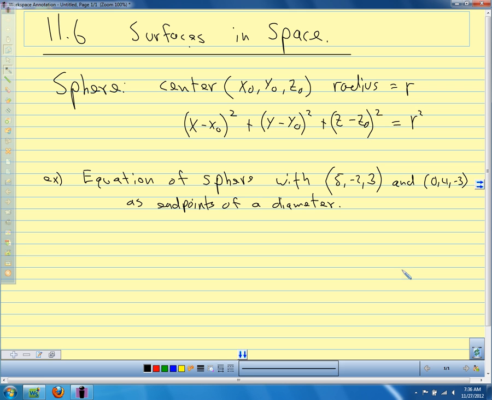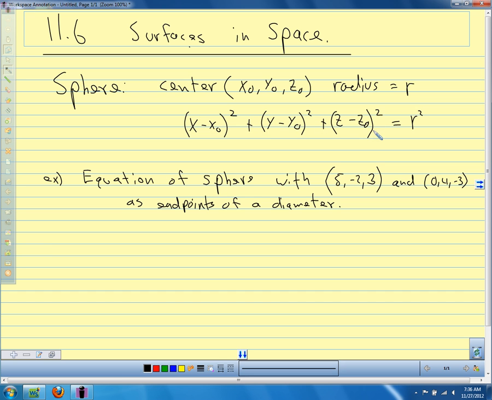Just extending what we know about midpoint: average each coordinate. x1 plus x2 over 2, y1 plus y2 over 2, z1 plus z2 over 2. So we're averaging the coordinates to find the midpoint of the segment between these points, which is the center of the sphere. That would give us our x0, y0, z0.